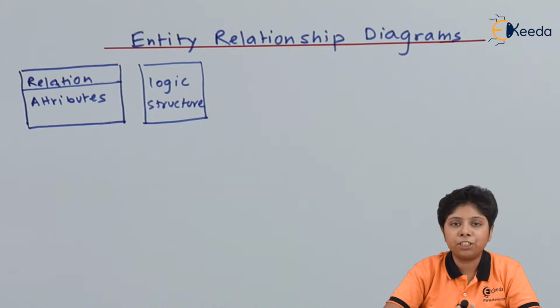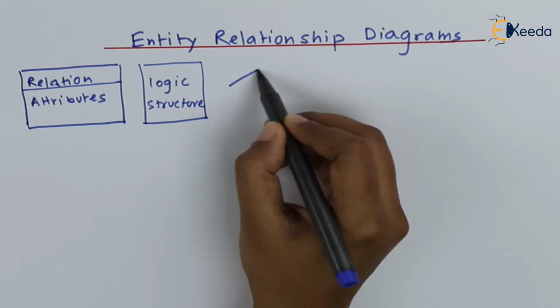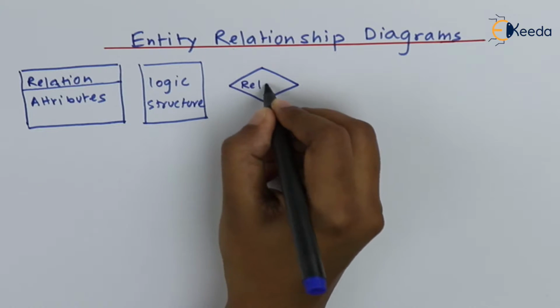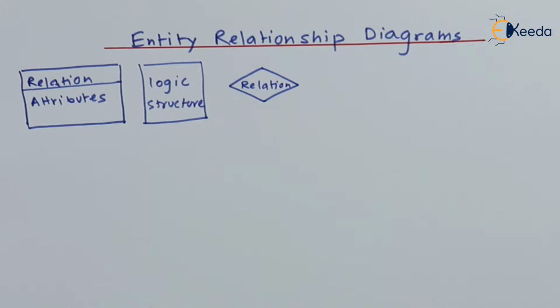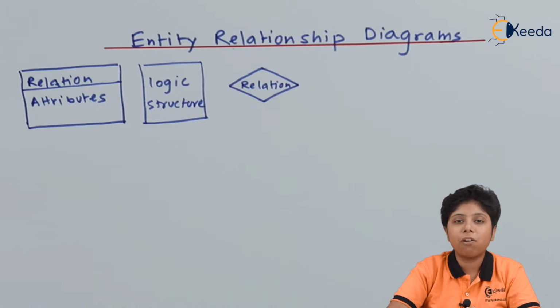Next are the relationships, or the diamond. Diamonds represent the relation between the entities.